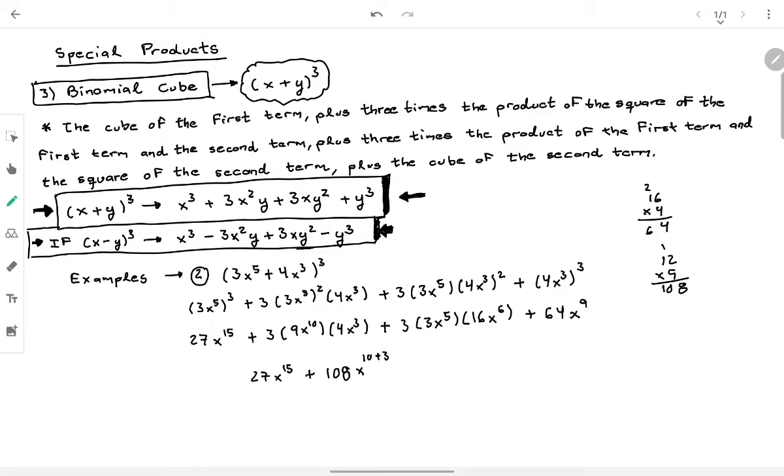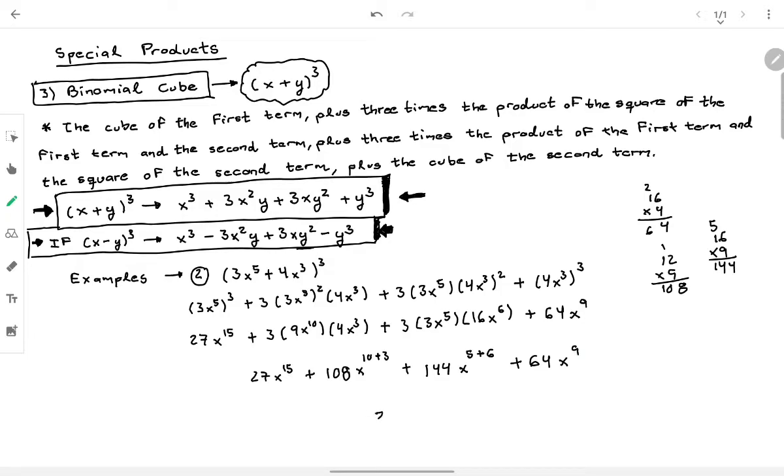We can do it by mind, but I will do another simple step. So it's going to be 16 multiplied by 9, that is going to be 144. And it's going to be x to the 5 plus 6. And finally plus 64x to the 9.